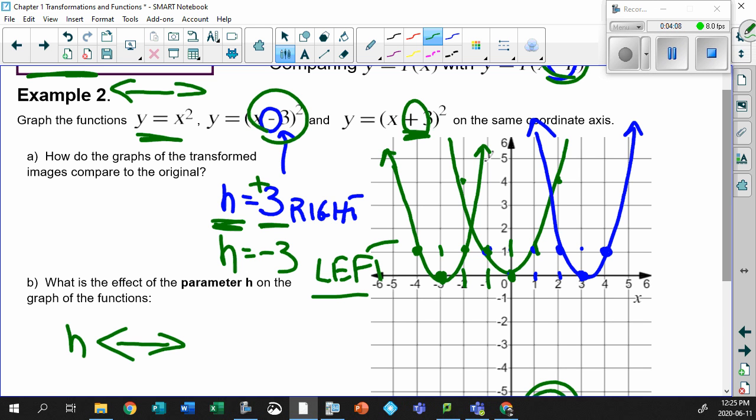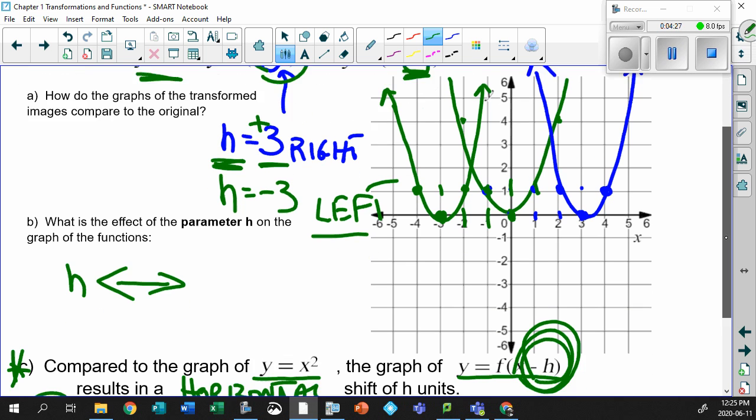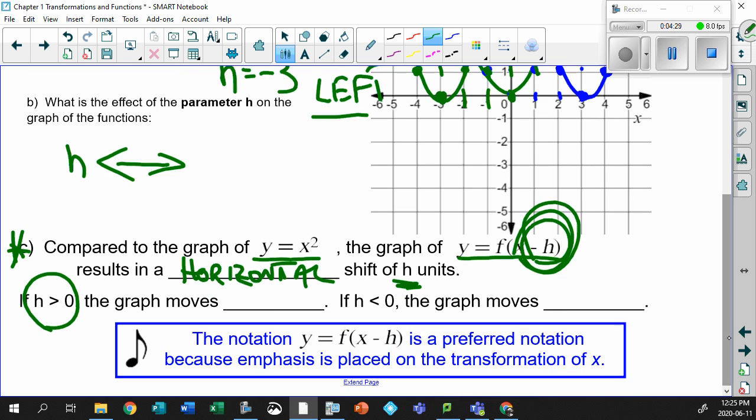That's the thing that people have problems wrapping their brain around, and it's because of this original formula here. The original formula already has the negative in it. So if you put a negative, that becomes a positive. If you put a positive, it stays negative. That's the hardest thing for people to wrap their brains around.